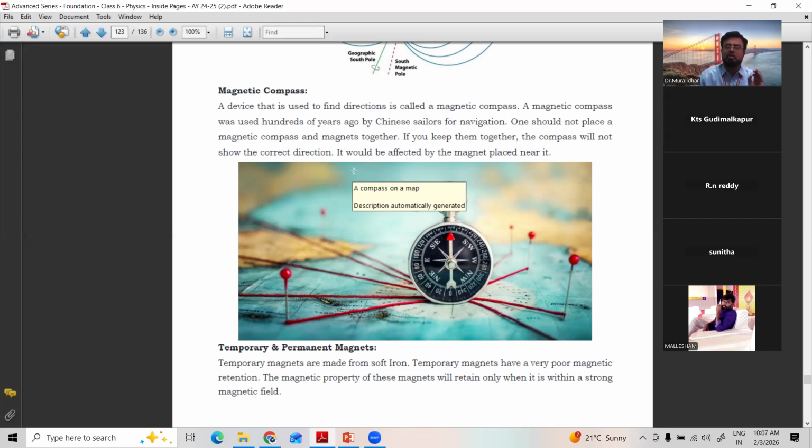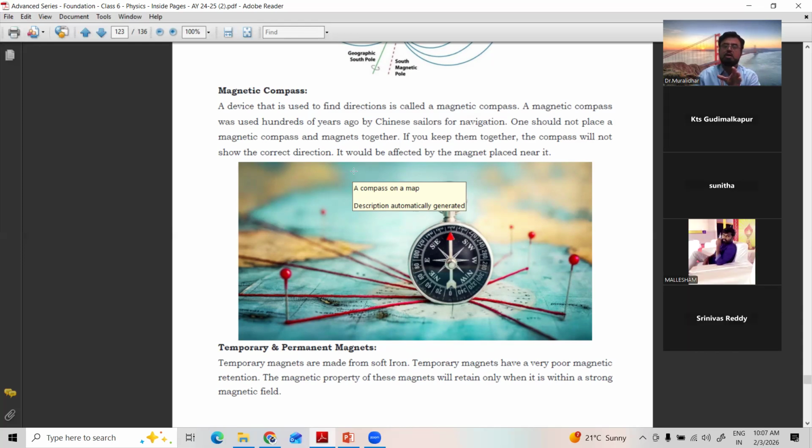It is simply made up of an original magnet in the form of a needle. Original magnet, that is magnetite, is used here with a circular calibrated scale indicating north, south, east, west directions, and the needle is placed at the center.